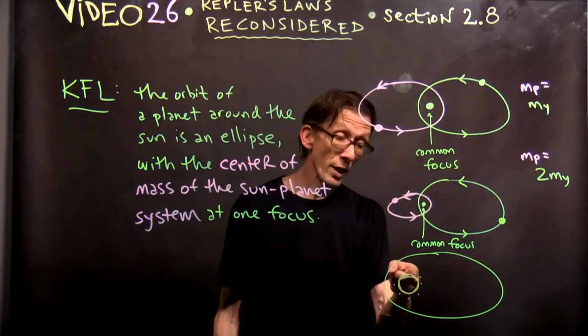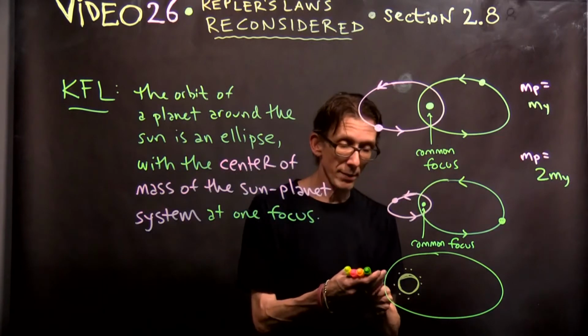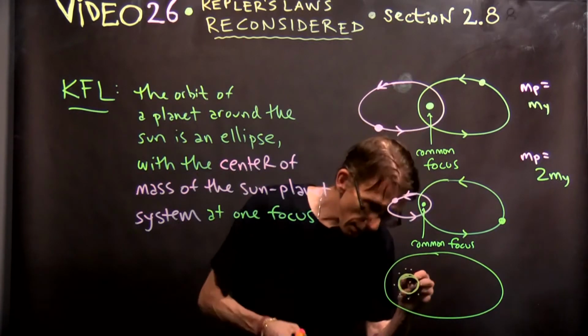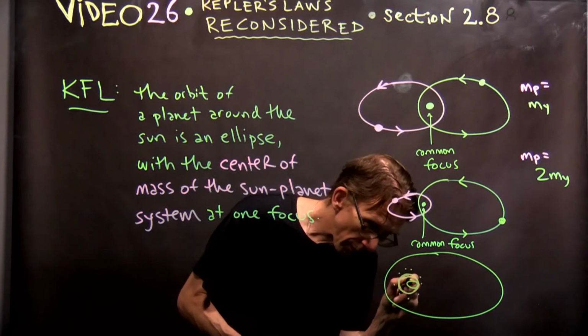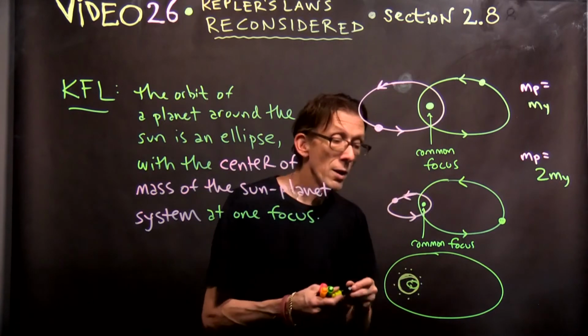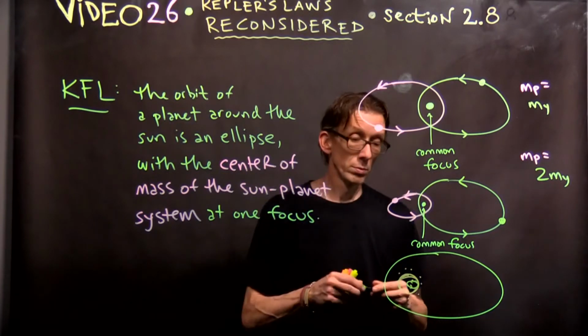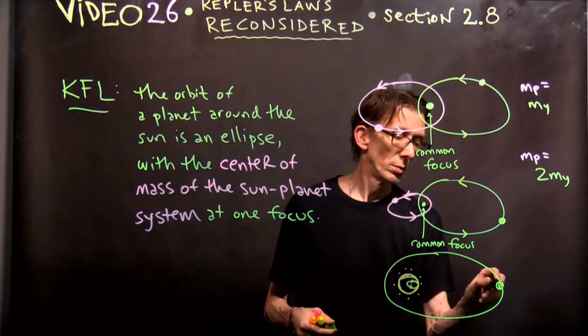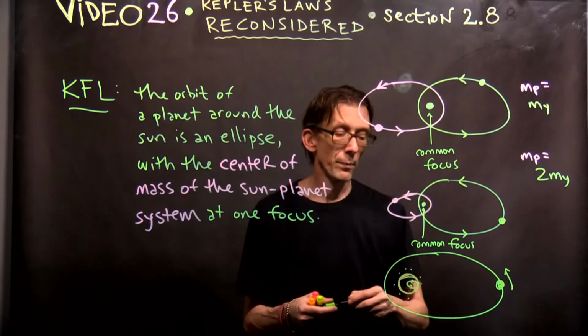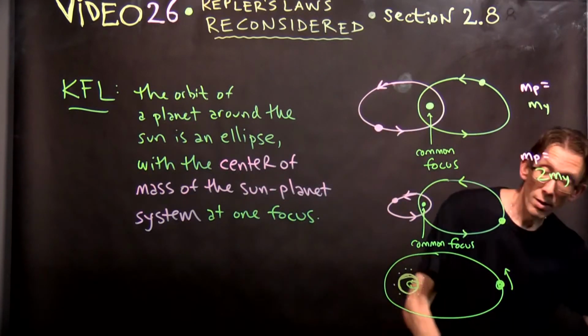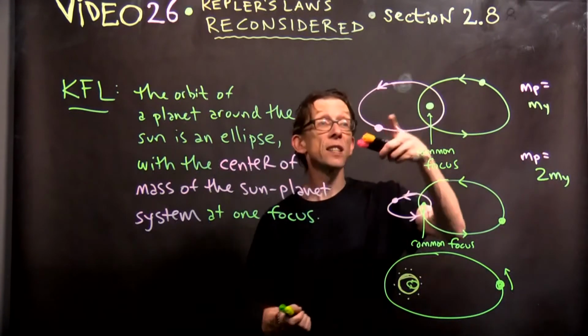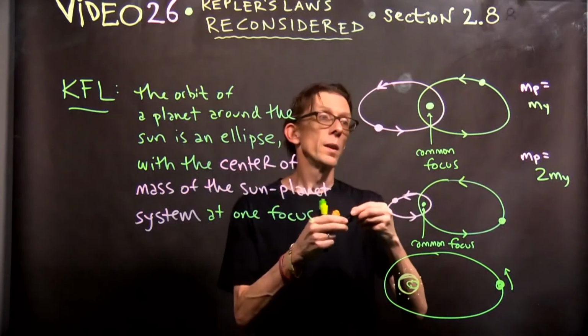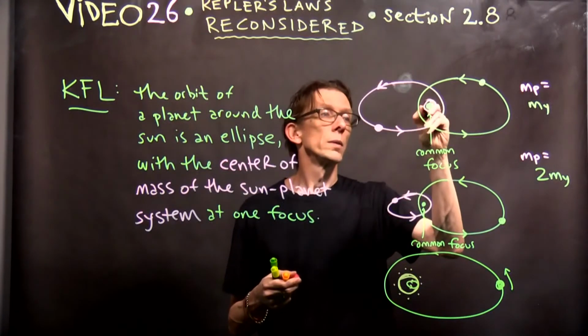The sun would go on a little bitty ellipse. It would go on a little ellipse that looks like that, while Jupiter went around it. In other words, the center of mass of these two planets is right there.